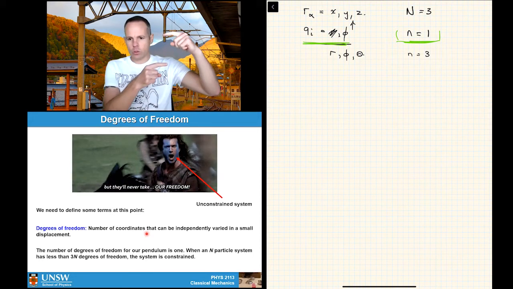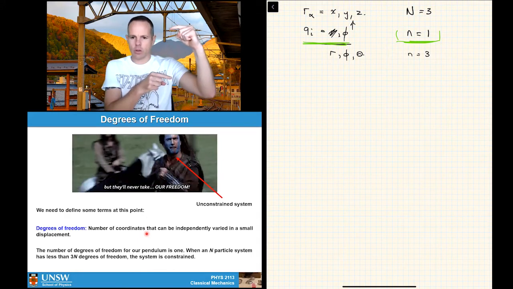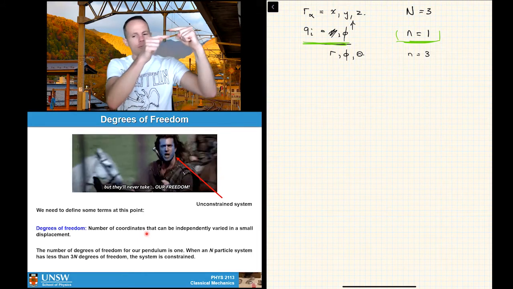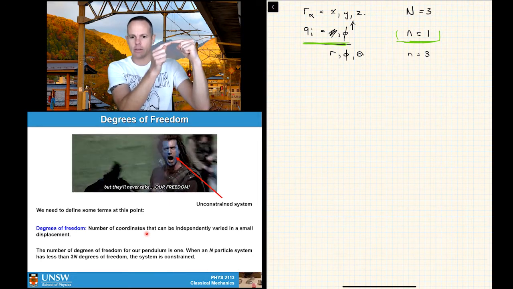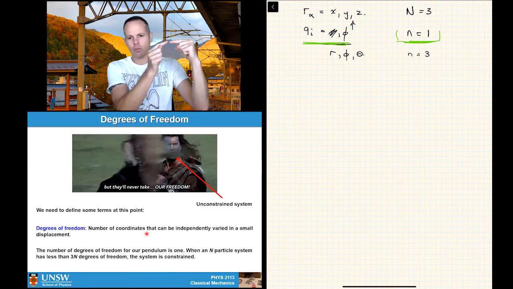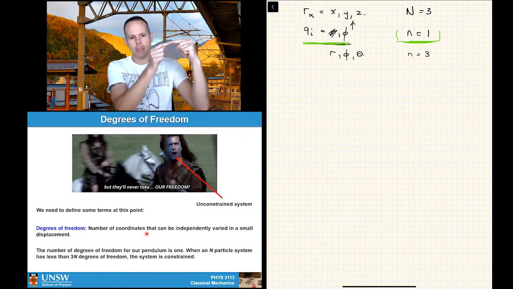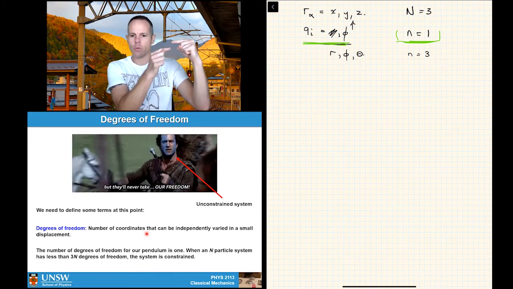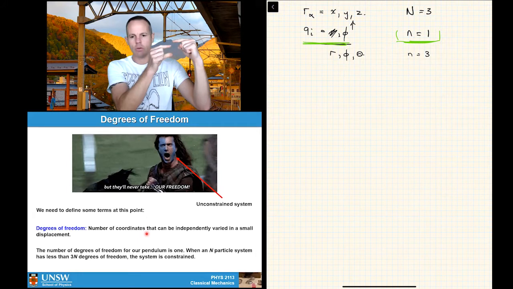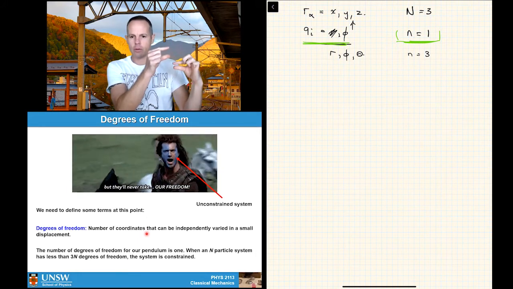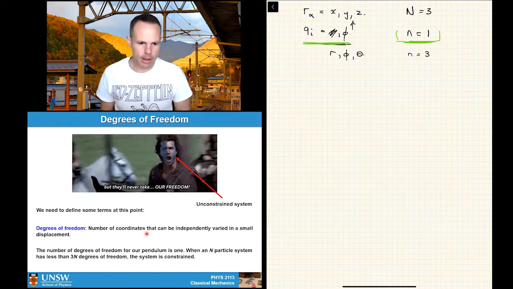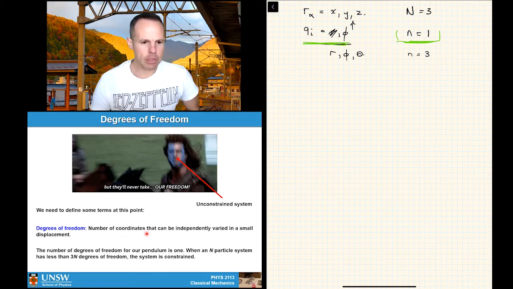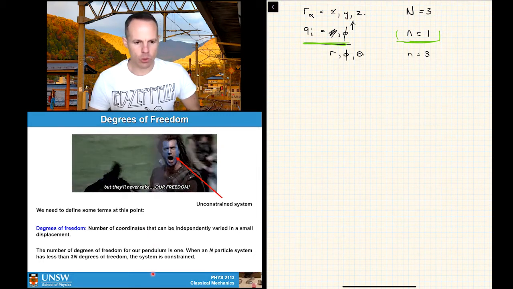So if you work through a checklist of how to deal with Lagrangian problems, usually you have degrees of freedom at the top, because what you want to work out is whether you've got less than 3n degrees of freedom. If you've got less than 3n degrees of freedom, you're going to have constraint forces, so you have to work out what's going on with those. You then work out what your final set of active coordinates is, and then you work through doing your Lagrangian approach from there. So remember this one, degrees of freedom. It's a very important term. We'll talk about it numerous times.